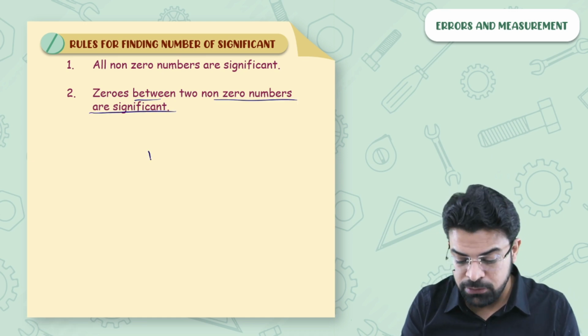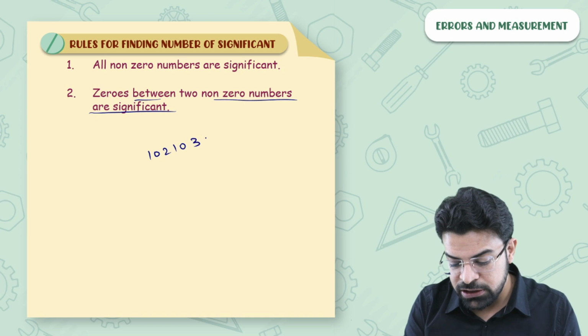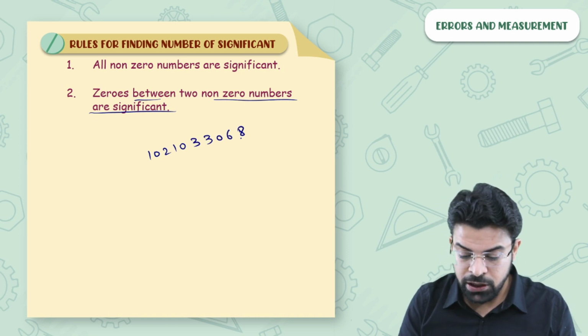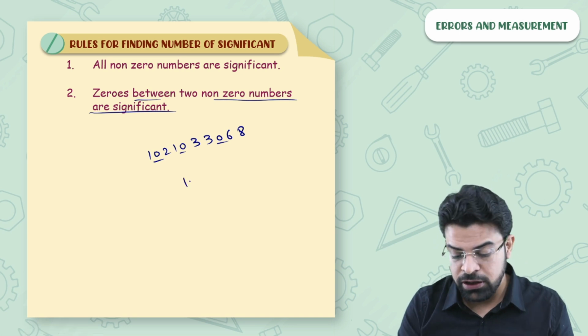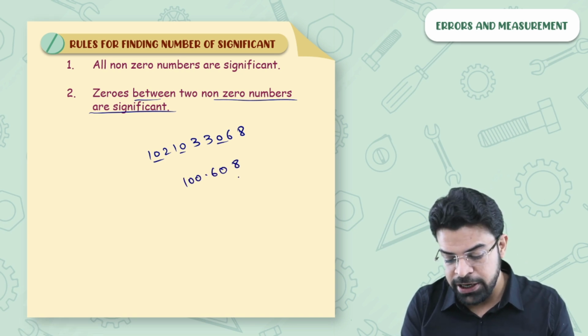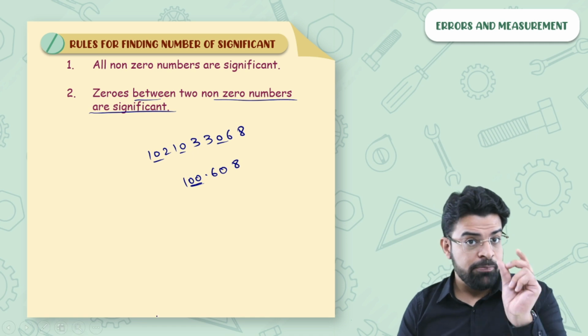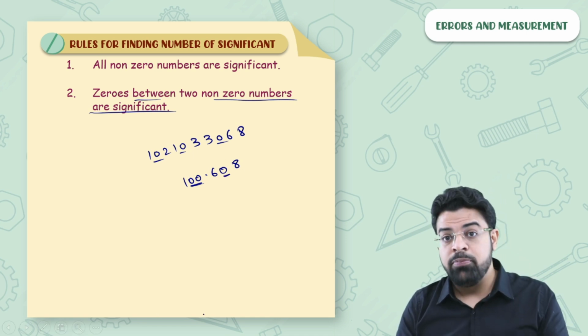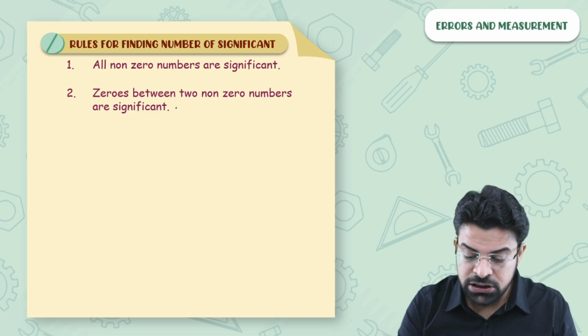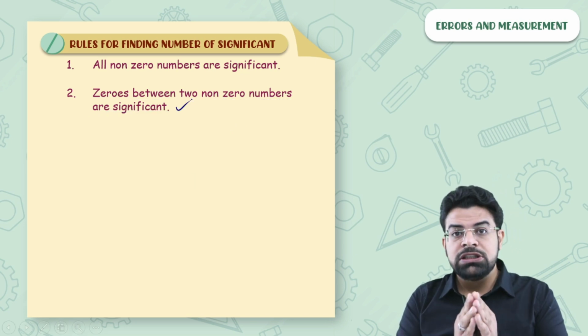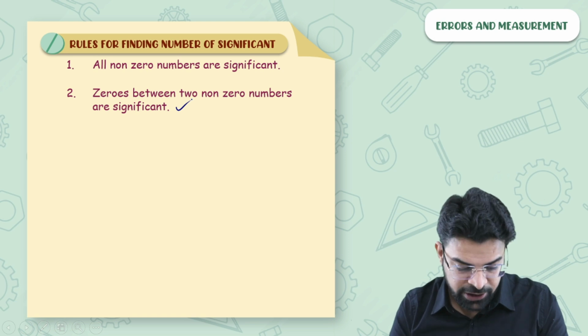If you have a number like 102, 1033, or 1068, the zeros are trapped between two digits, so they are significant. Or 100.608, these zeros are trapped between digits, so they are significant.